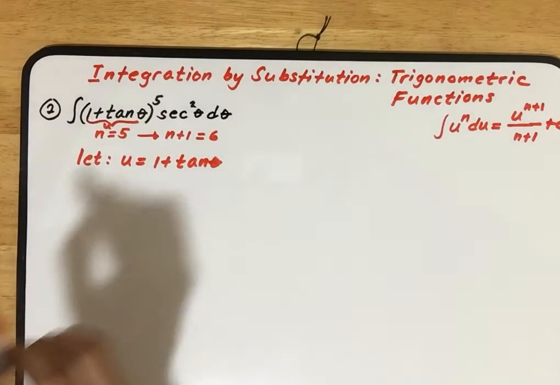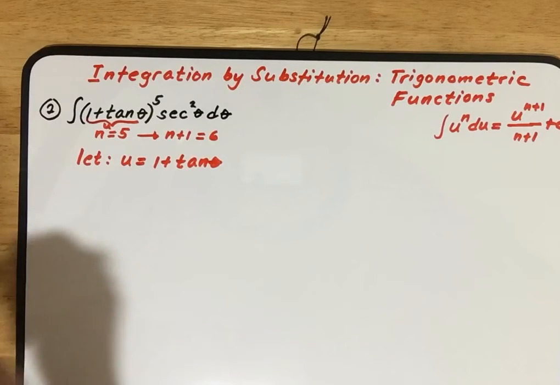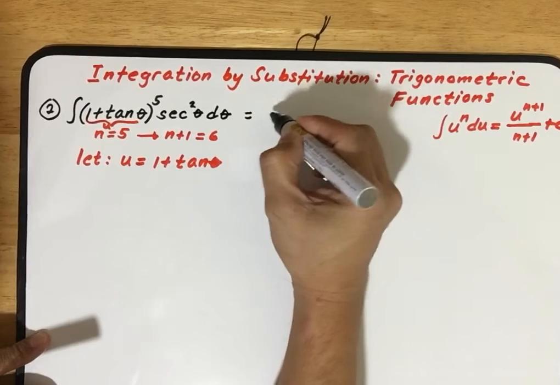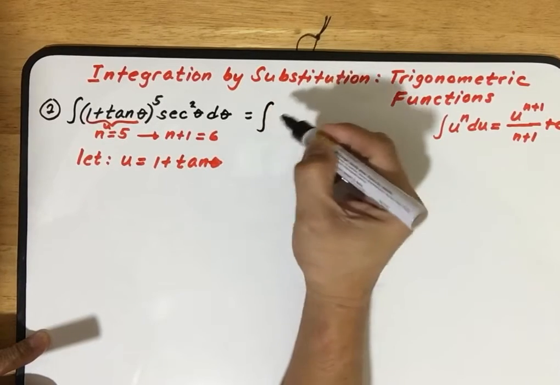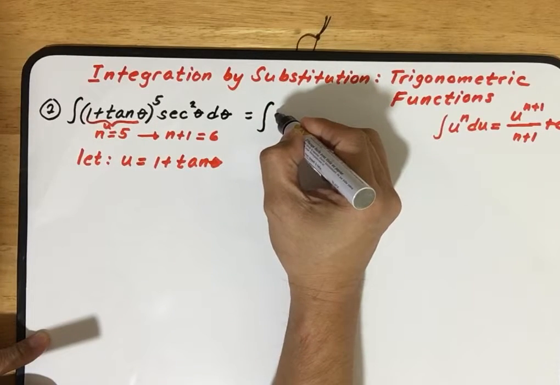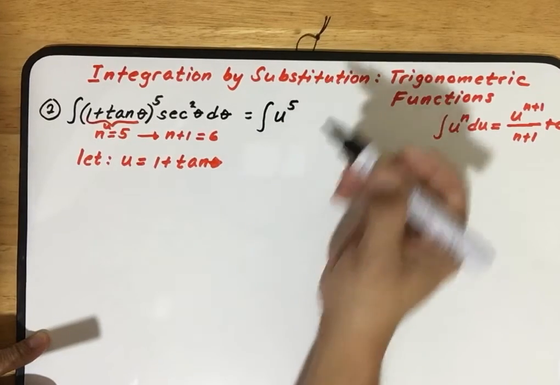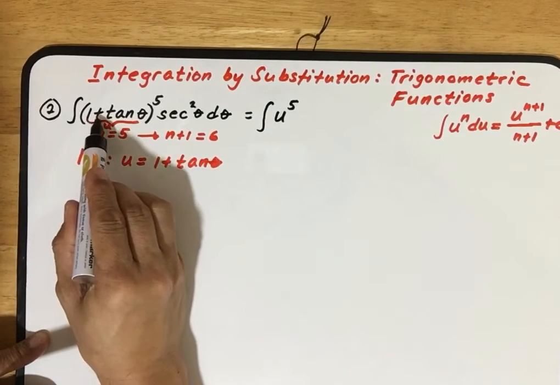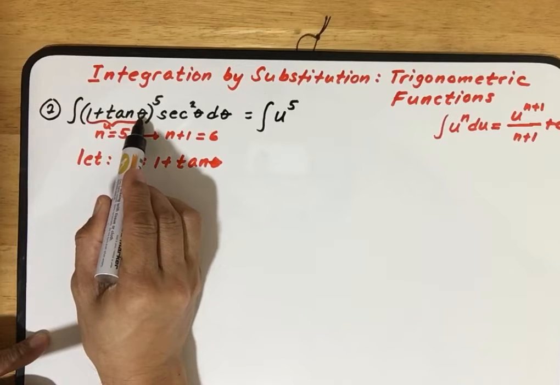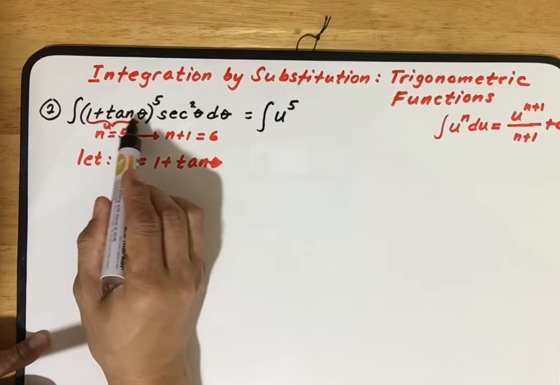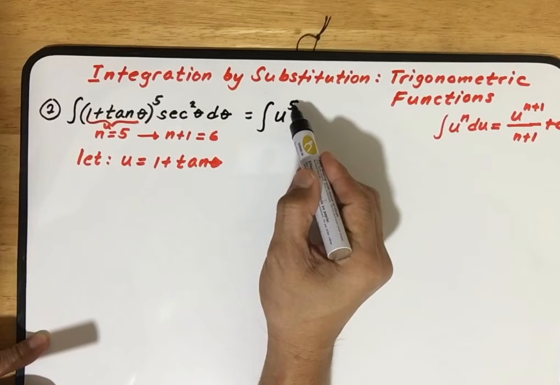After that, this one can now be written as the integral of u to the 5th power, since we let 1 plus tangent theta be our u. So we can now rewrite this as u to the 5th power.